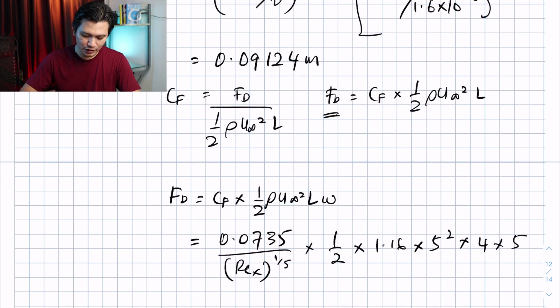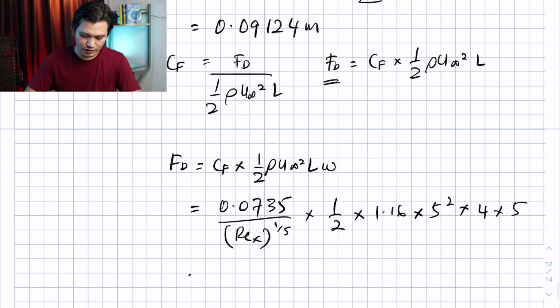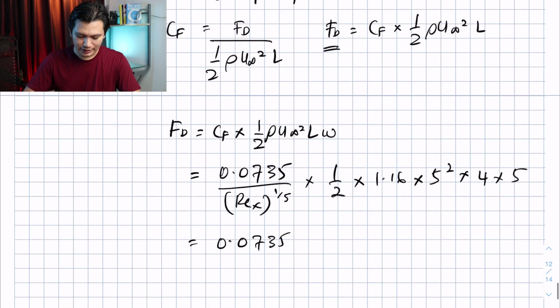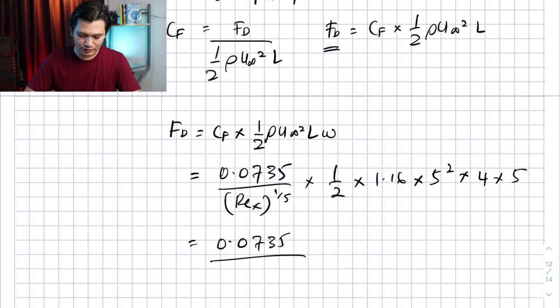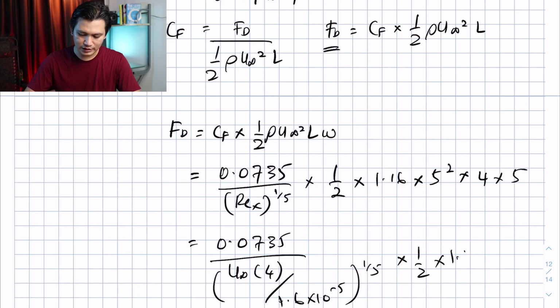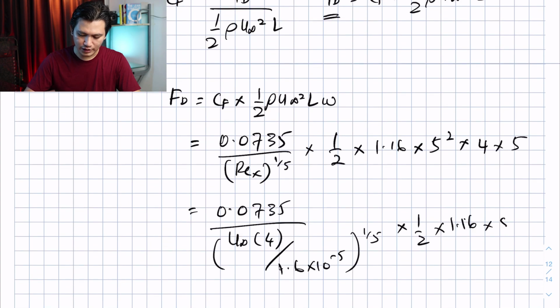Okay, and when you put everything together, this is 0.0735 divided by, this is U infinity times X, 4, divided by the kinematic viscosity, 1.6 times 10 to the power minus 5, to the power of 1 over 5, times half times 1.16 times 5 squared times 4 times 5.